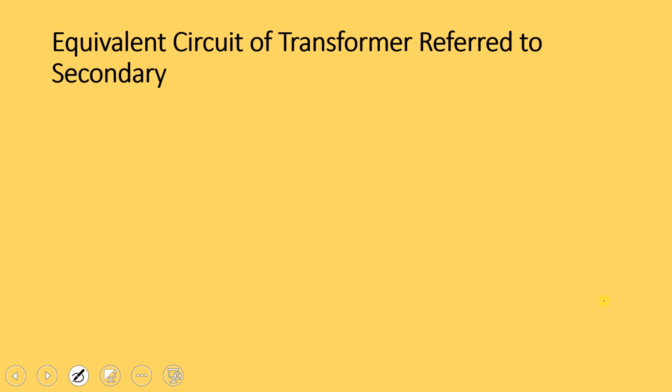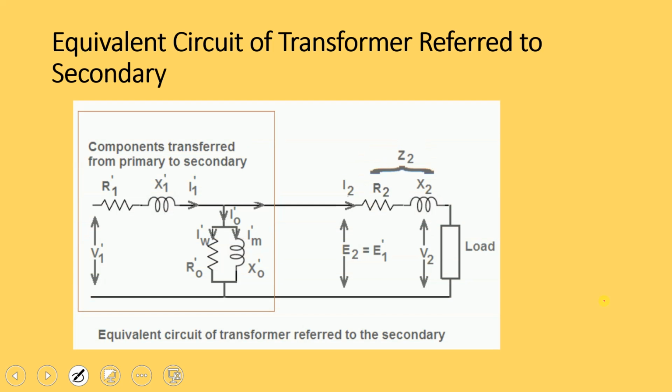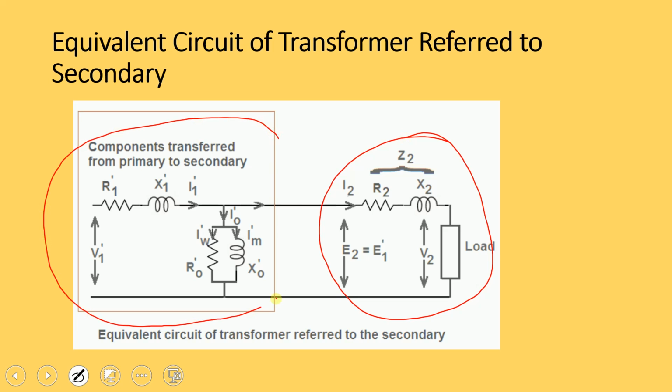Then the equivalent circuit of the transformer referred to secondary. Now all the circuit of the primary side is moved towards the secondary side. This is our secondary circuit, and this is the primary part which we are moving towards the secondary. So all this primary part is moving towards the secondary, and this is called referred to secondary.